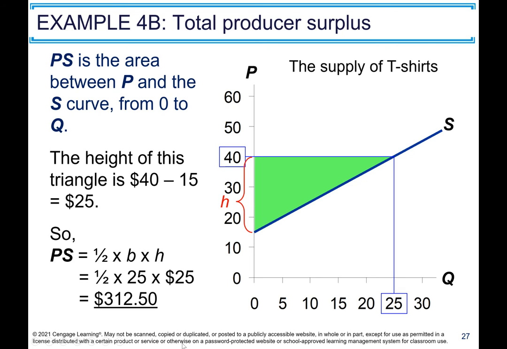So PS is equal to 1/2 times base times height, the area of this green area. The base seems to be 25, the height seems to be 25. This is from 40 down to 25, so that looks like 25. So the producer surplus is 1/2 times 25 times 25, the area of this triangle.